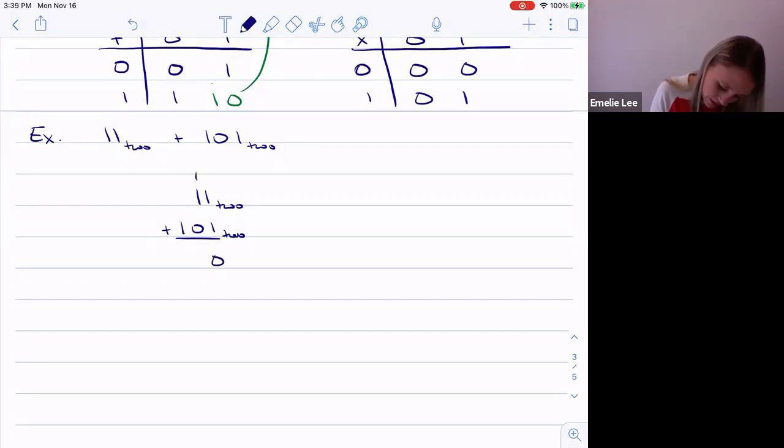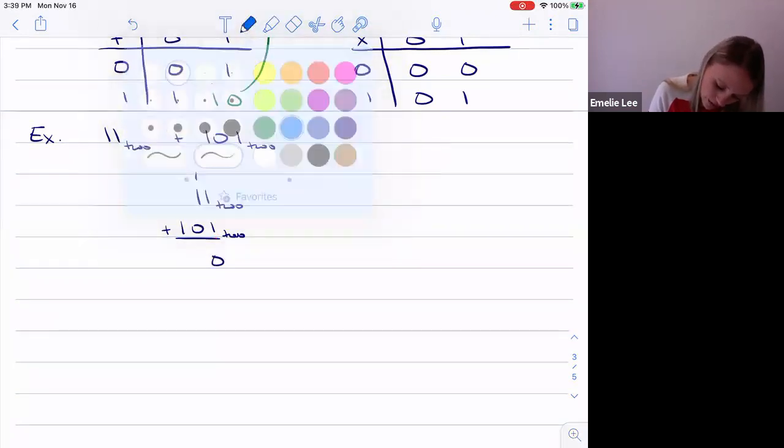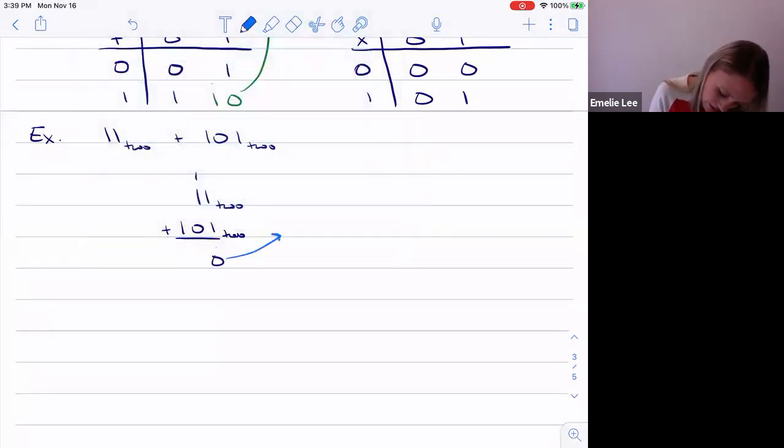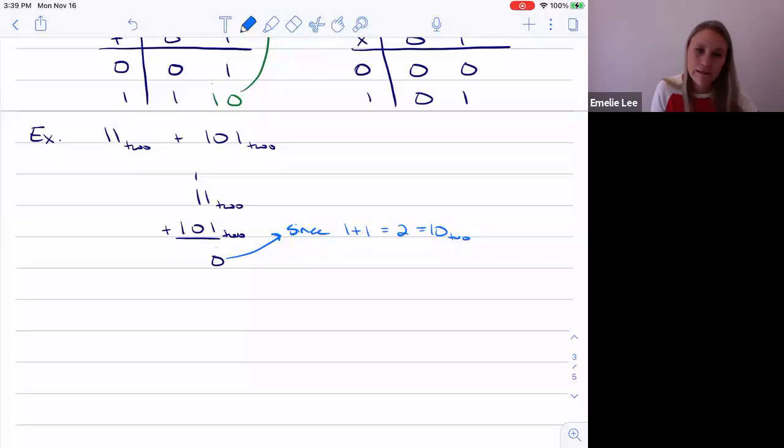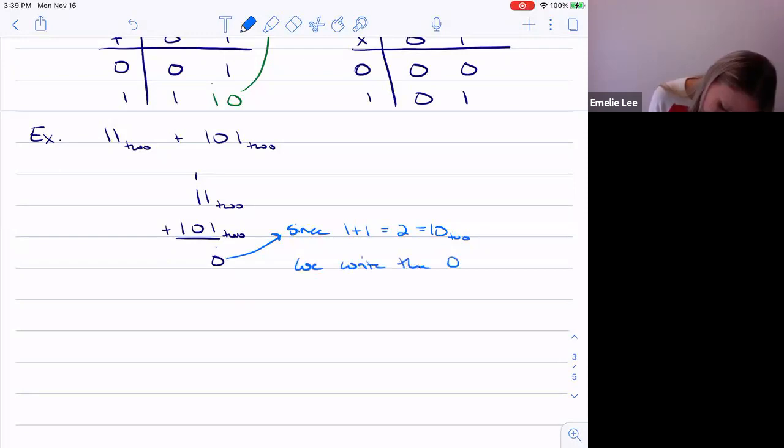I'll emphasize here, since 1 plus 1 equals 2, which is 1, 0 base 2, we write the 0 and carry the 1. That should say carry.